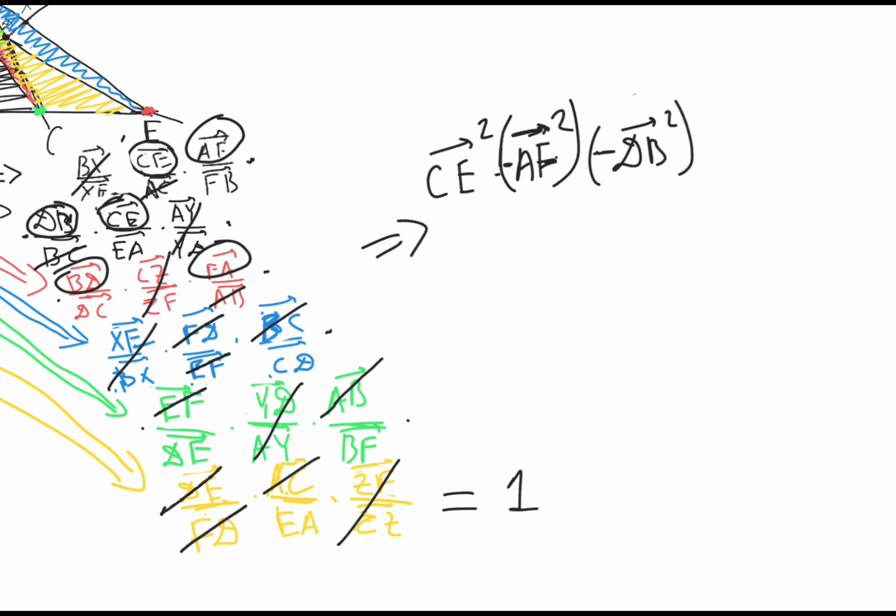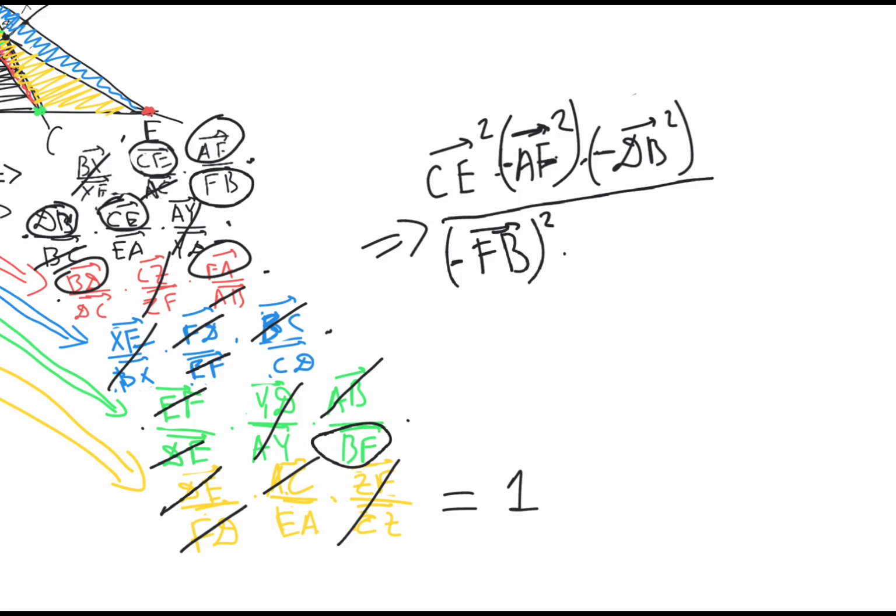Now DE and DE cancel each other. So that's all for the numerator, and in the denominator what we have remaining, so we have FB and BF, so this would be equal to minus FB squared.